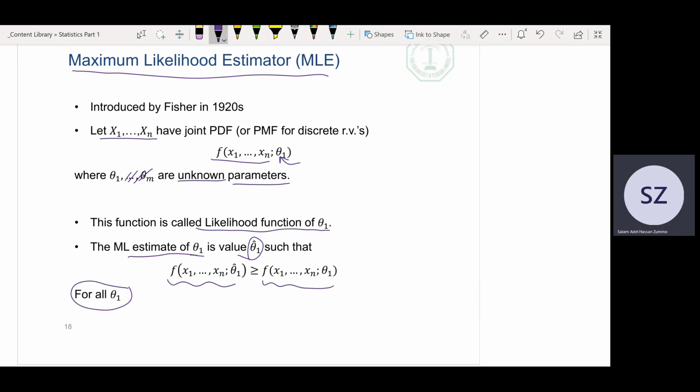So simply, you need to find the theta 1 value that makes this function maximum. It's maximum likelihood. So this is the likelihood function, and we'd like to find theta 1 such that the likelihood function is maximum. And an example will make it more clear.